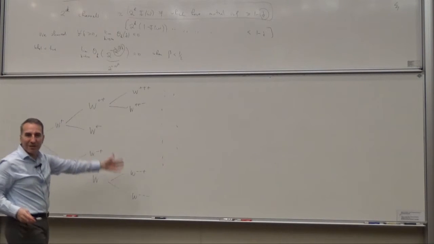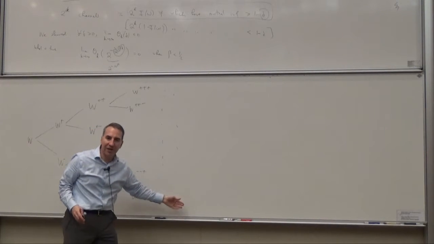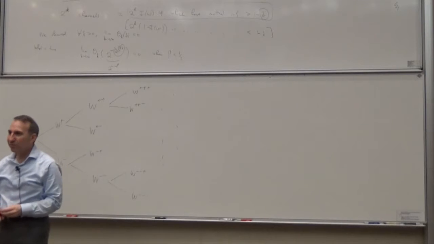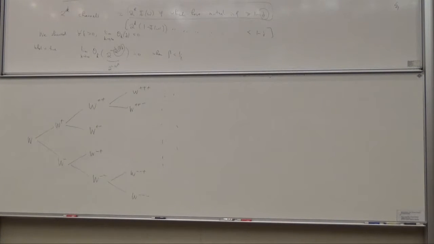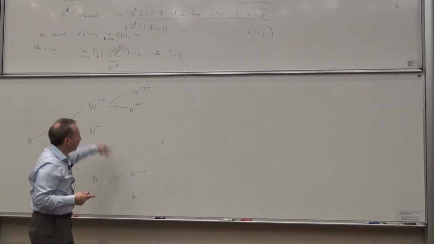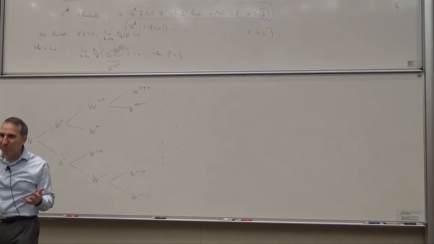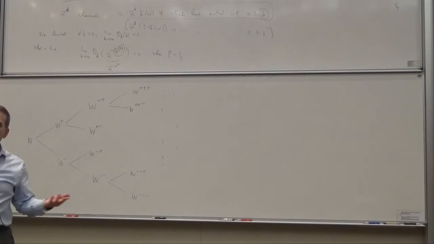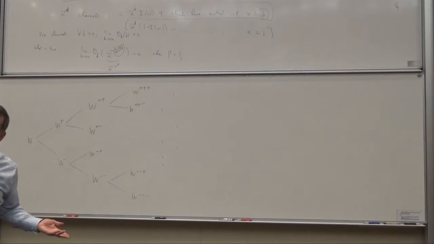If I go to level k, I have 2 to the k channels. Then k choose i of them are going to have i plus signs and k minus i minus signs, and the bulk is exactly at i equal to k over 2. So most of these channels have gone the zigzag path. To figure out which ones of these are the good ones and the bad ones is a pain.